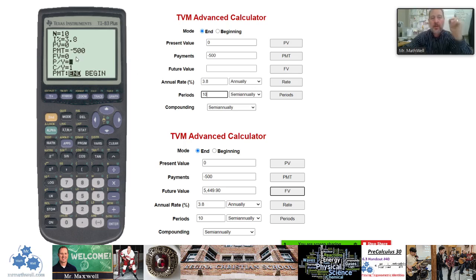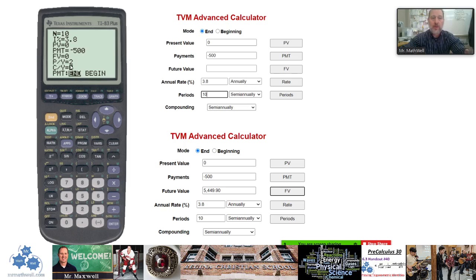So this P/Y is payments per year. P for payments. Payments per year, that's 2 times per year, so that's a 2 right there. And this C/Y is compounding periods per year, the number of compounding periods per year, and this is semi-annually as well, so we have to put 2 there. It will automatically do the same as the payment periods unless you change it.